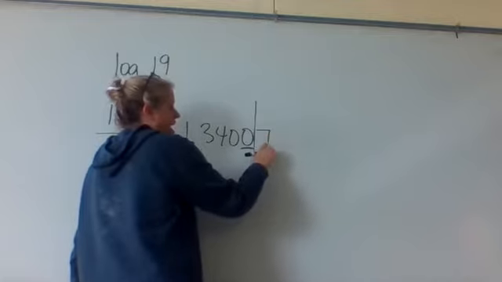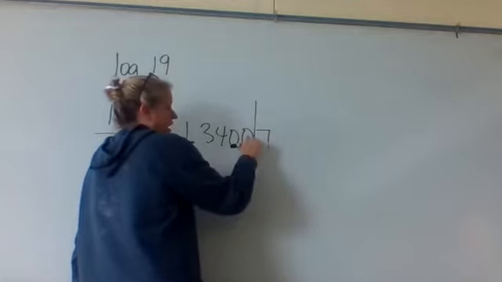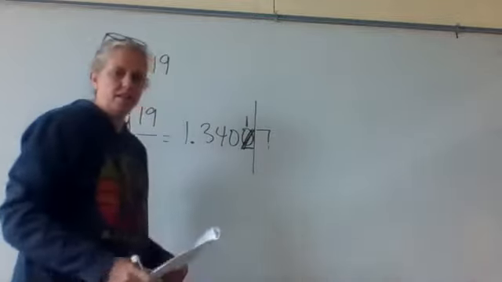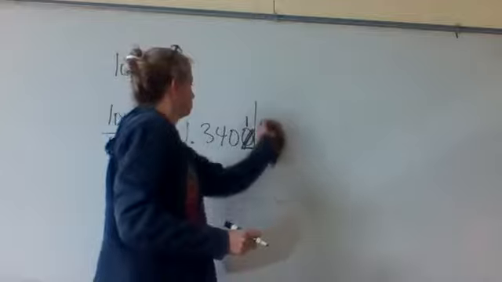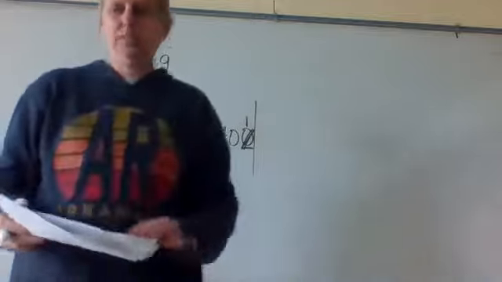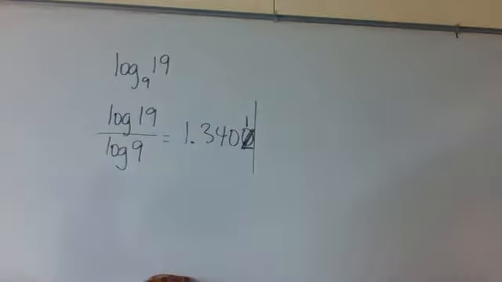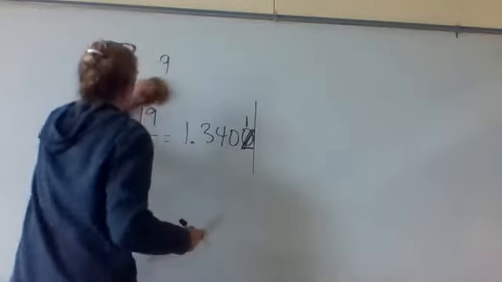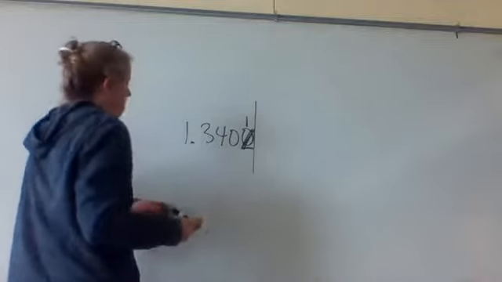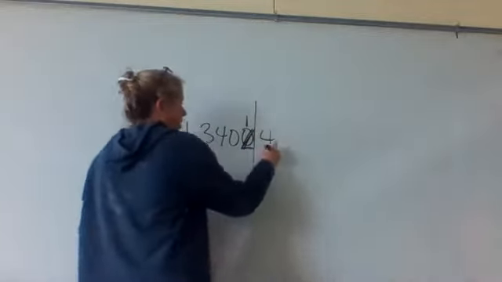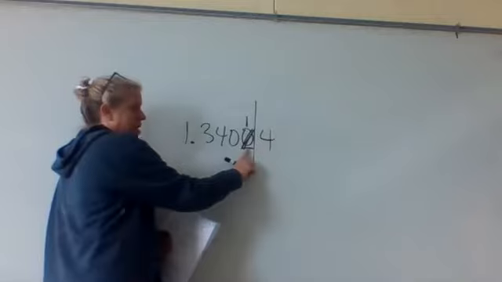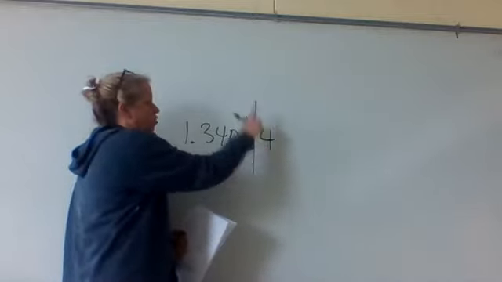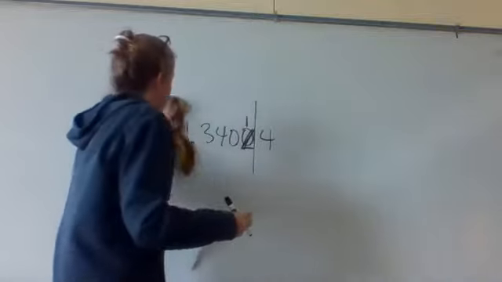If this number is 5 or bigger, that number goes up 1. So that's why it changed to a 1. It's just the rounding part of it. But if that number would have been a 4, then what would have happened? That would have stayed 0, right? It has to be 5 or bigger to round up.